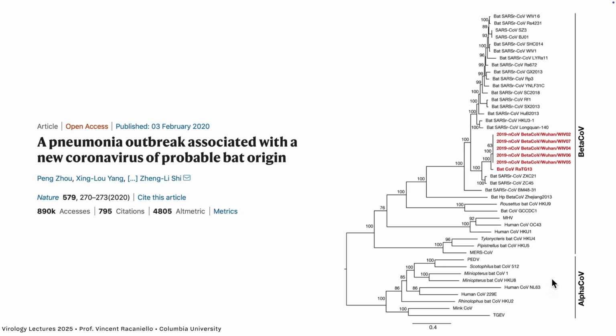The closest relative to this virus was a virus called bat coronavirus RATG13. And in fact, this doesn't exist as a virus. It just existed as a sequence. And you may hear people saying that the Zhengli Shi lab working on this virus transformed it into SARS-CoV-2.